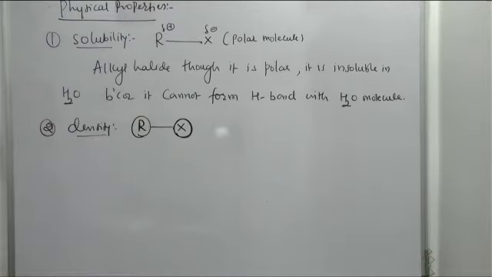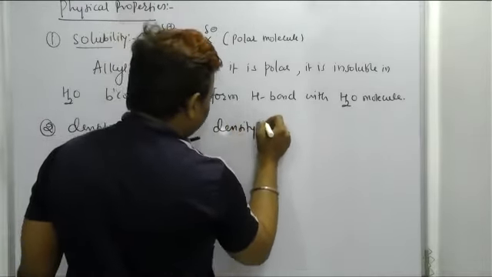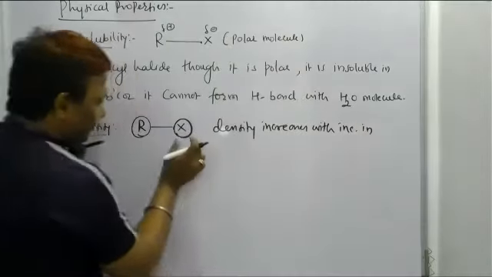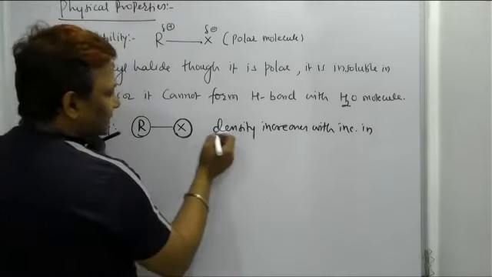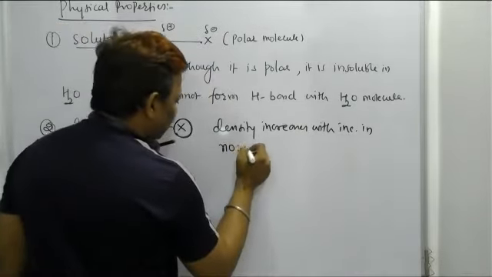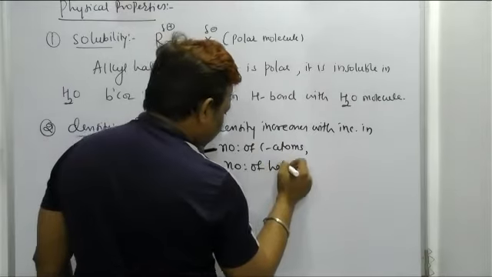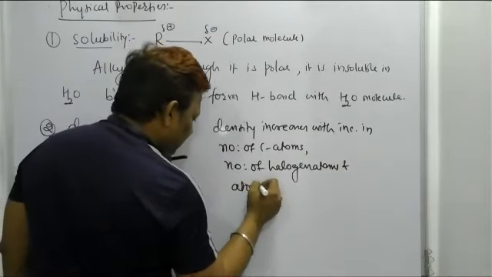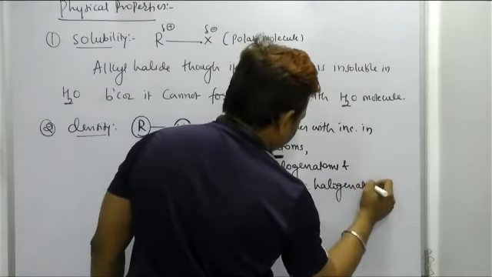So I should write: density increases with increase in the number of carbon atoms, the number of halogen atoms, and the atomic mass of halogen atoms.